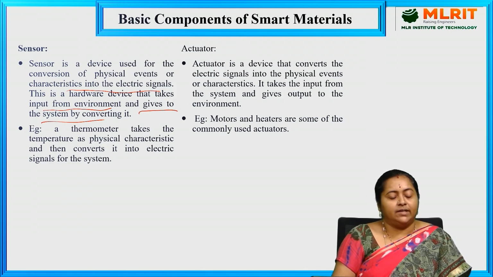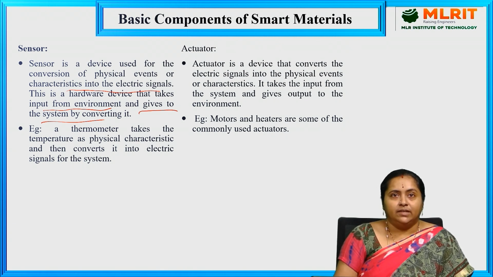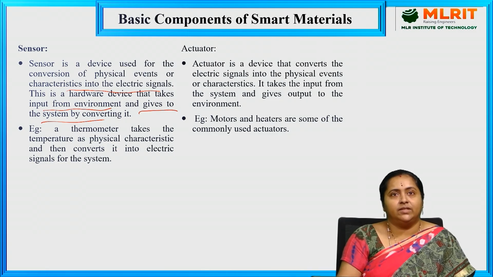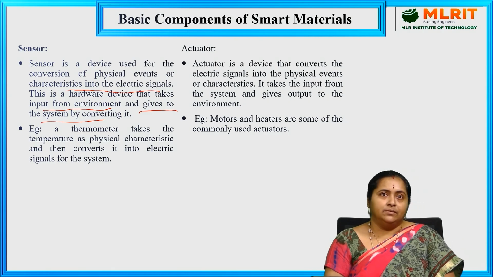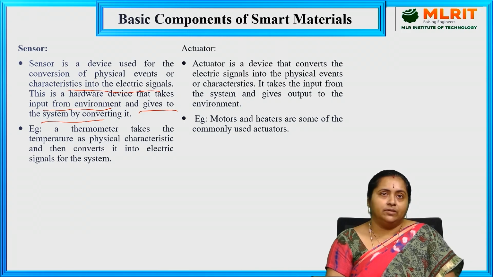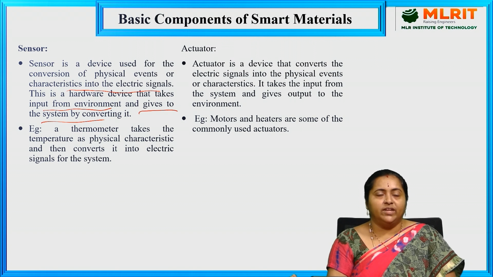So this is a type of hardware device that takes input from the environment and gives it to the system by conversion. The best example is the one I told you just now, the moisture sensing sensor, which is used for identifying the moisture content present around the roots of a plant in the soil. Based on that moisture level, it releases its output to the system, whether it is high or low, whether it needs more irrigation or not, which we can find out using that moisture level sensor.